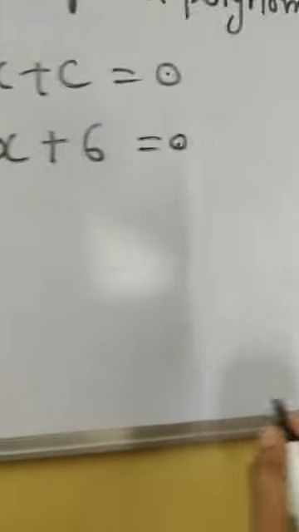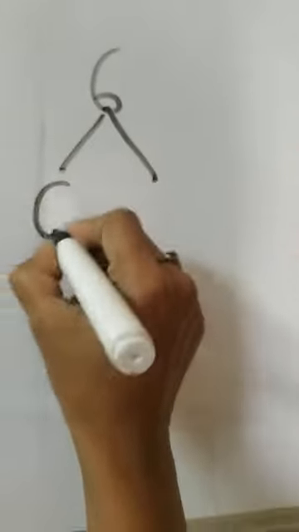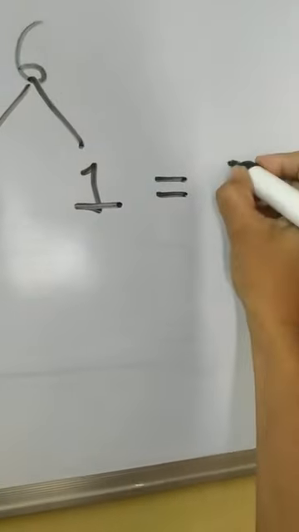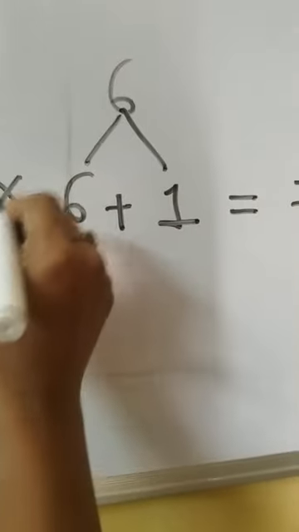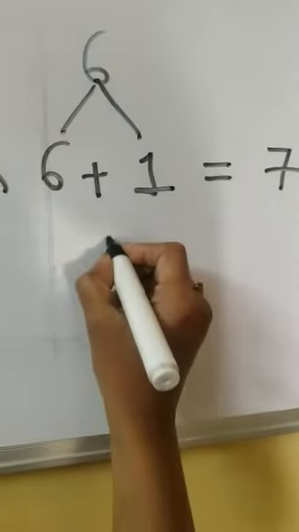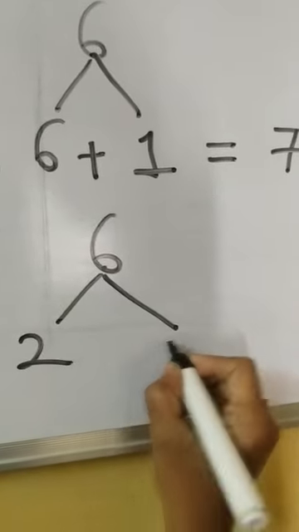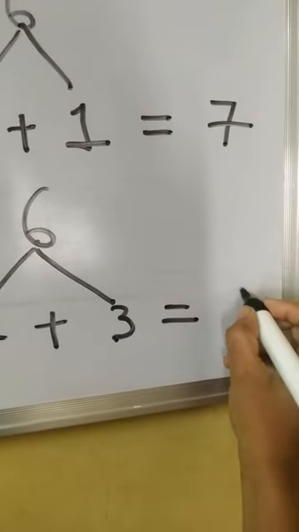So here we will see in a rough work that 6 having how many factors? So 6 ones are 6, and if we are adding it, it will become 7. So we cannot take this one. So here again we will take the factors of 6 as 2 3s are 6 and 2 plus 3 as 5.